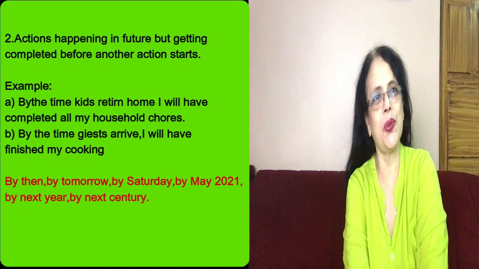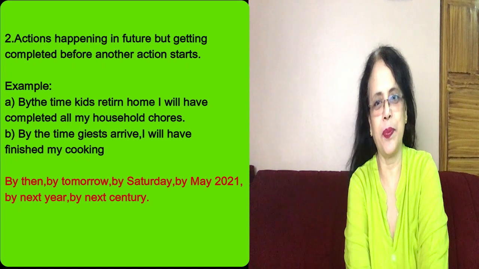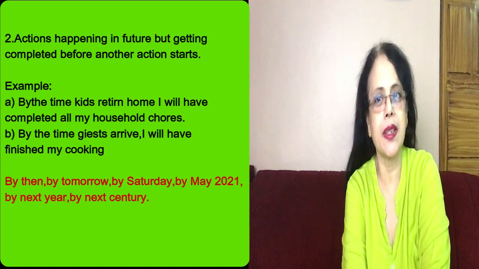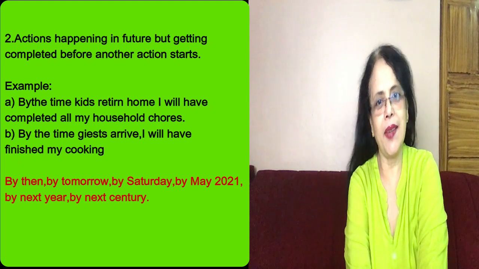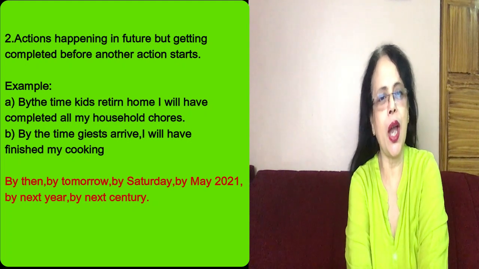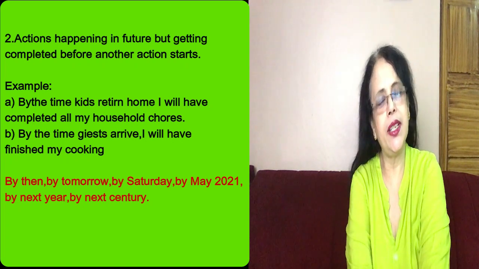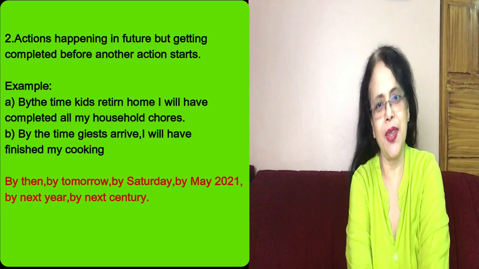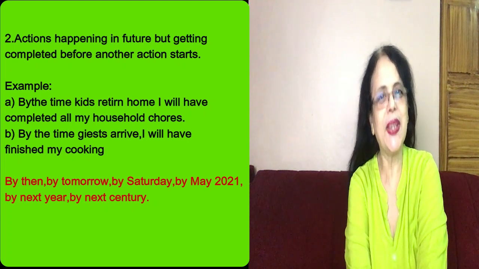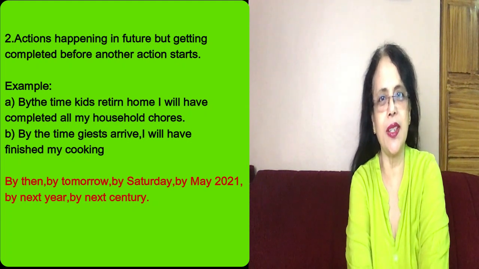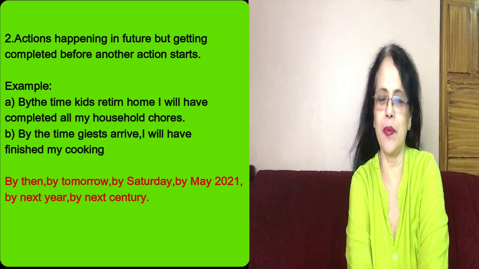In that situation too, we use future perfect tense. Let's see some examples. By the time kids return home, I will have completed all my household chores. Another example. By the time guests arrive, I will have finished my cooking. So these are the two situations in which we use future perfect tense.